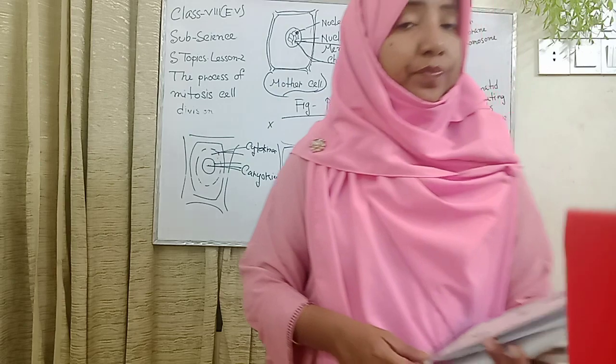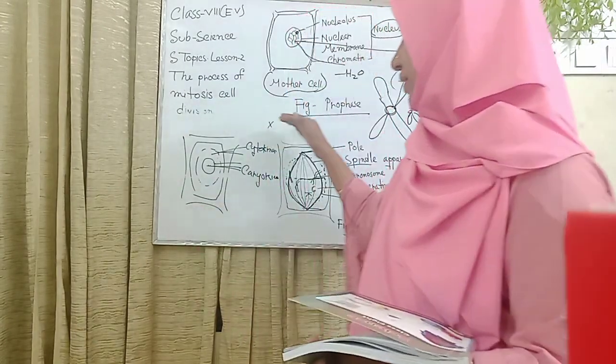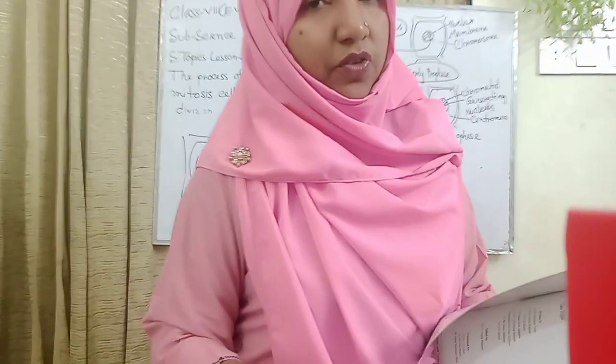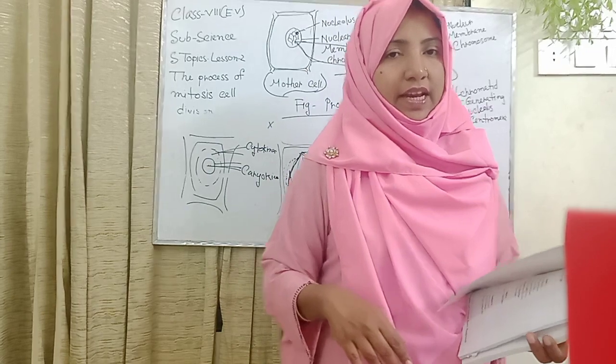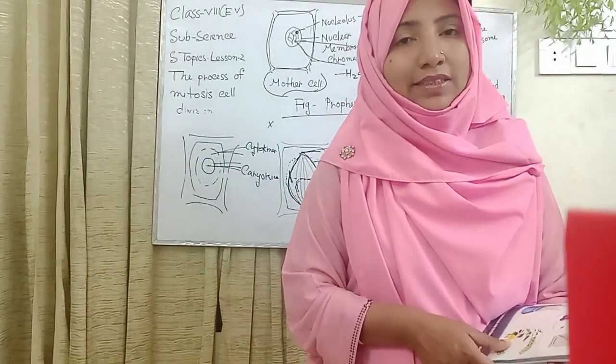Basically, there are 5 phases. I just explained the prophase and then the Pro Metaphase. Please everyone draw this structure and the figure and also label it. Today I think that's all, my dear students. Thank you.